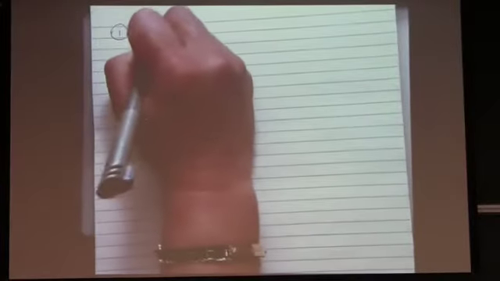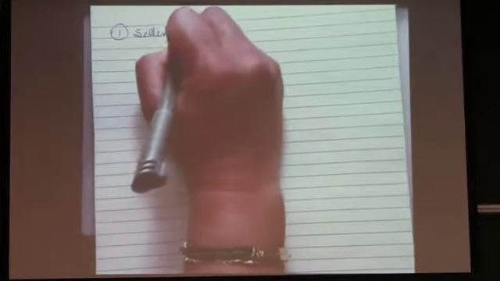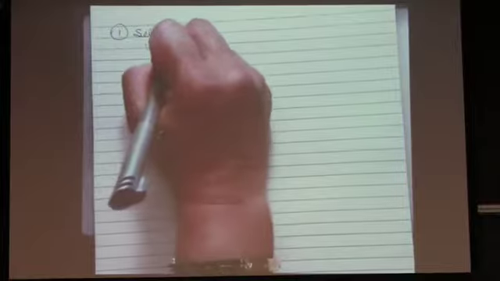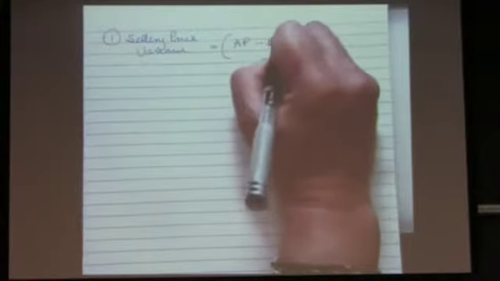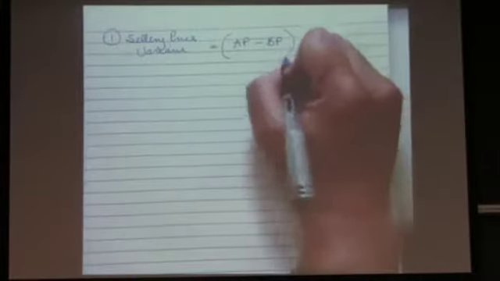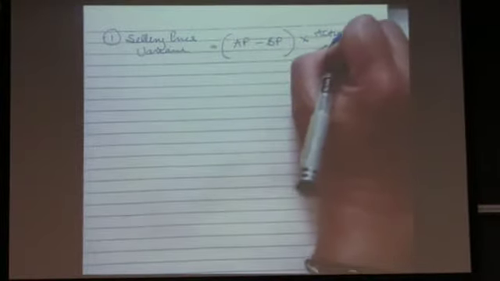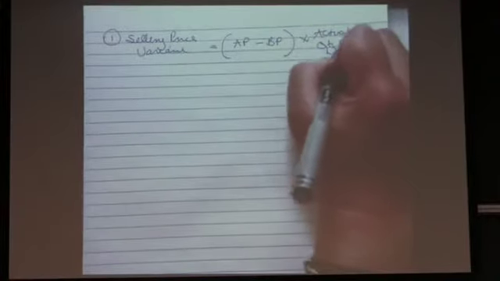First of all, I want to calculate the selling price variance. That's the first part they asked us. We know the formula is actual price minus budgeted price times actual quantity sold.